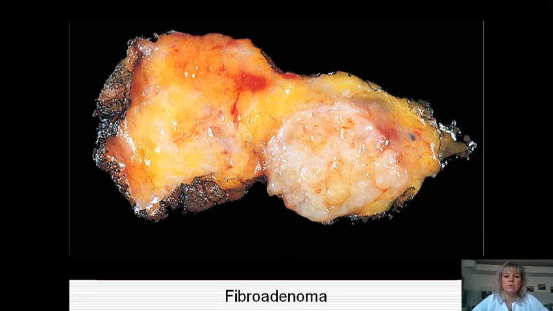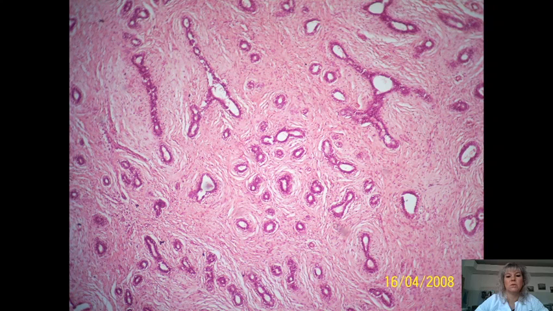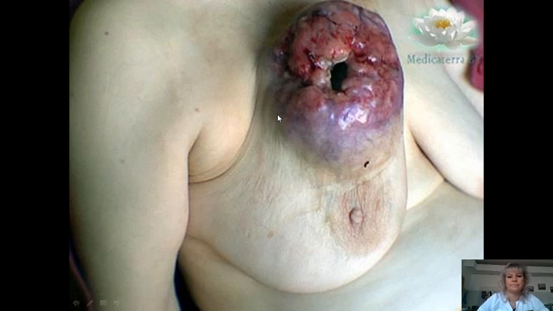In this photo, you can see fibroadenoma, solid elastic consistency, white color and clear borders. Histologically, we can see growth of connective tissue, fibro, and growth of ducts, pericanalicular, around ducts, and intracanalicular growth into the ducts.